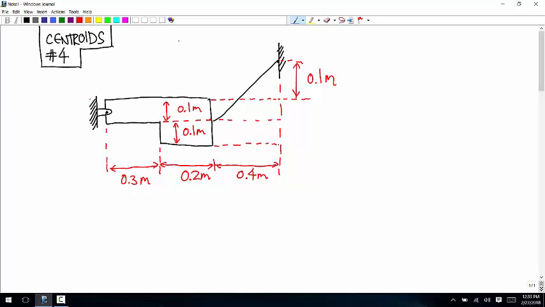And so that means that the distance between here and here is 0.05. The object has a mass of 200 kilograms.